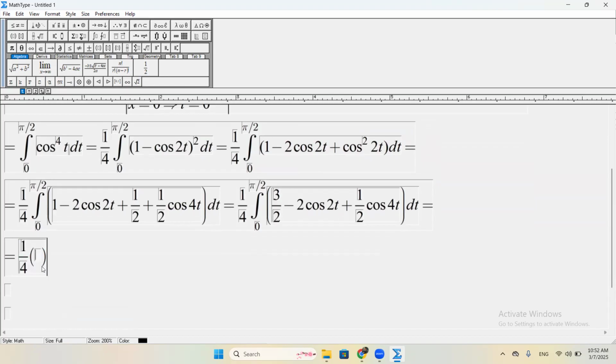So 3/2 t minus sine of 2t and plus 1/8 sine of 4t. From 0 to half of p.